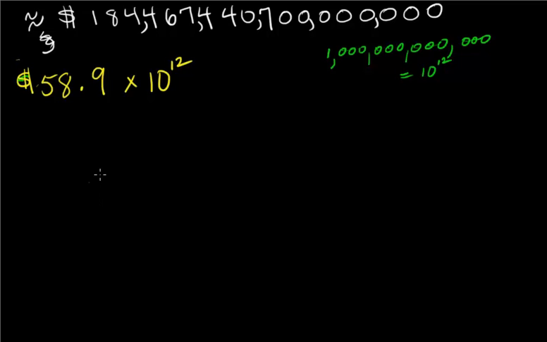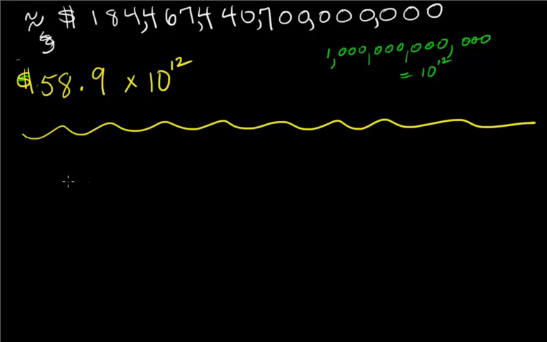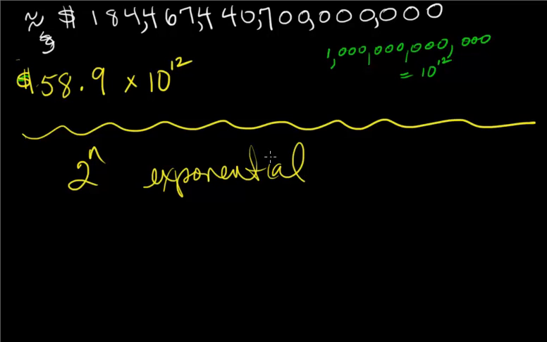It's pretty amazing. What I want you to see from this is when you have an expression like 2 to the n, this is called exponential growth.